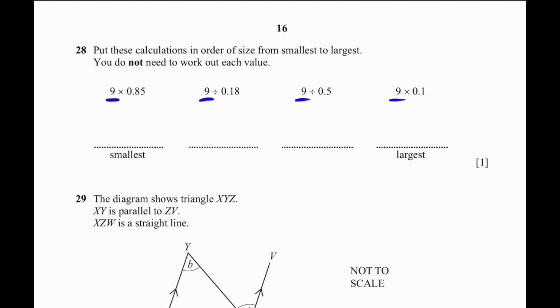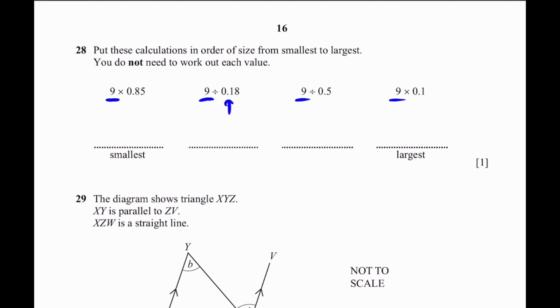When you divide by a decimal which starts with 0 point, the answer is actually larger than the original number. And the lesser this decimal is, the more the answer will be. And when you multiply by a lesser number, you get a lesser answer.